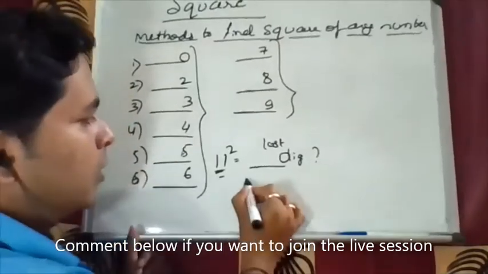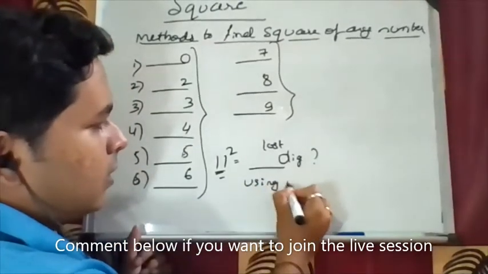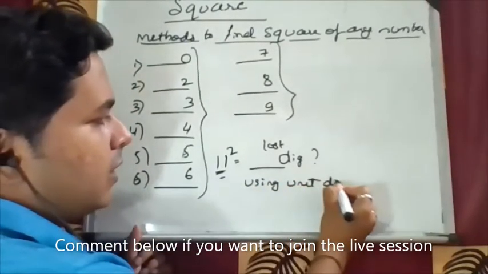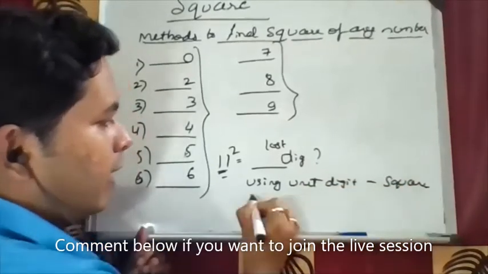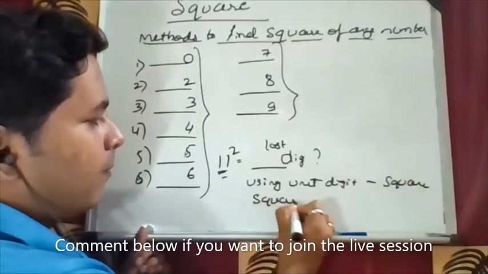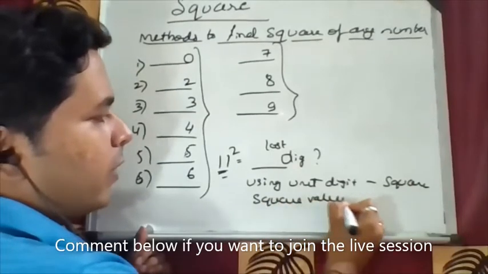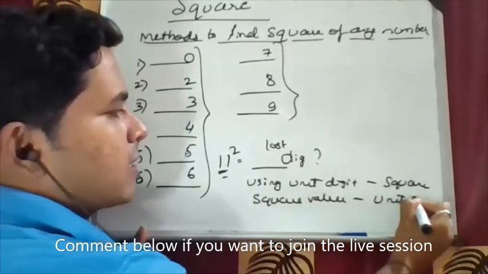One is using the unit digit, you can find a square value. And if the square value is there, you can easily find its unit digit.